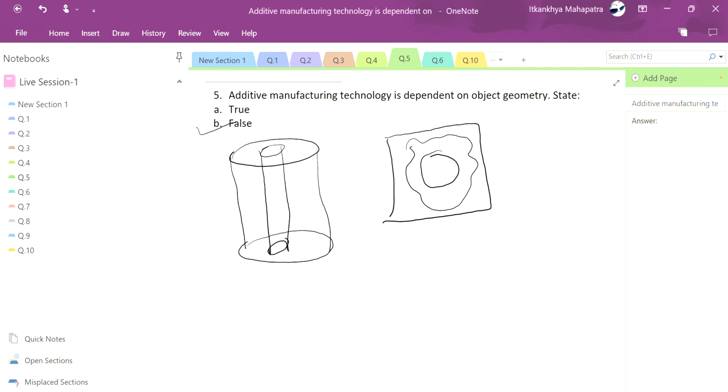So when the hole is larger, the side region will change, but this will not affect the addition of layer by layer material on the surface. So that is why this additive manufacturing process is completely independent of the object geometry.